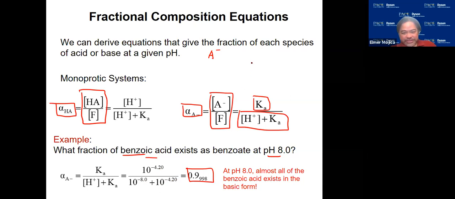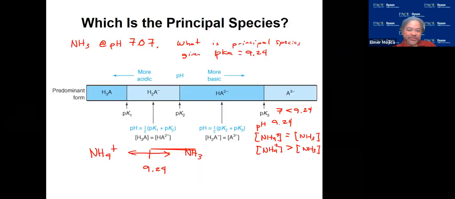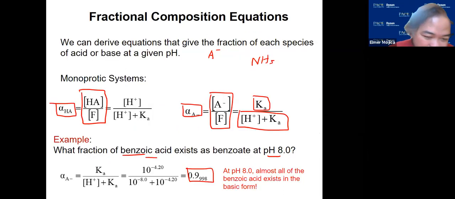Now let's do it with the ammonia, the questions that we have here. So pH 7.7 and pKa of 9.24. What fraction of ammonia do you have, or what fraction of the ammonium ion exists at 7.7?